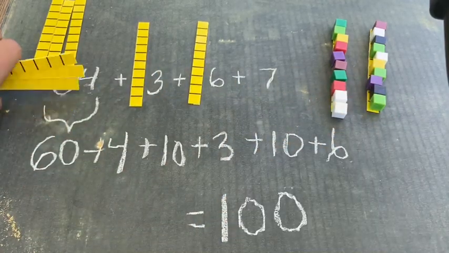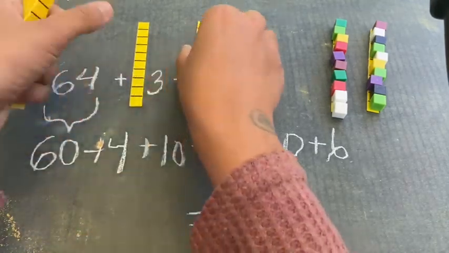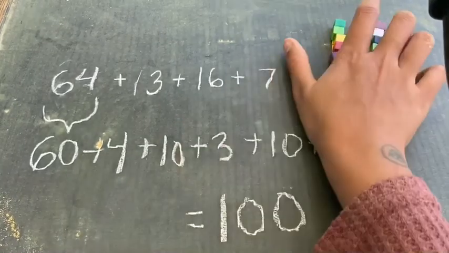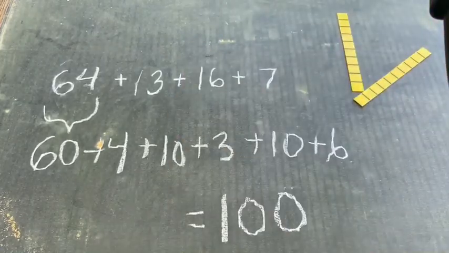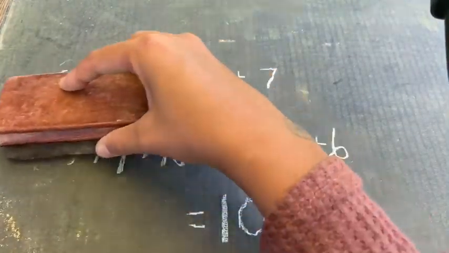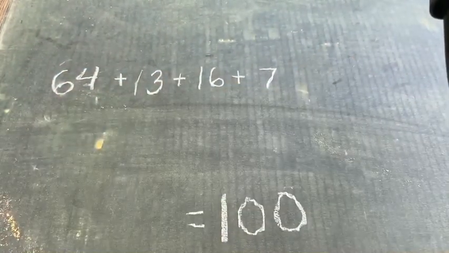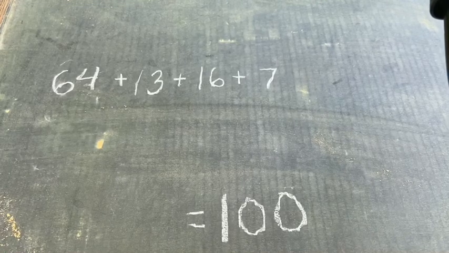So our original equation looked like this: 64 plus 13 plus 6 plus 7. Now we did all the math and we figured it all out with our counters to know that the answer is 100.